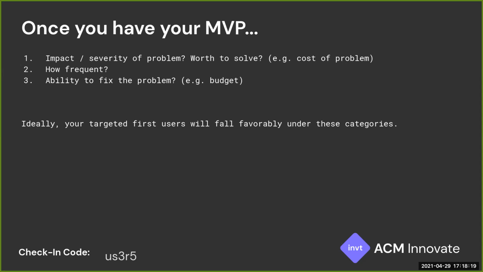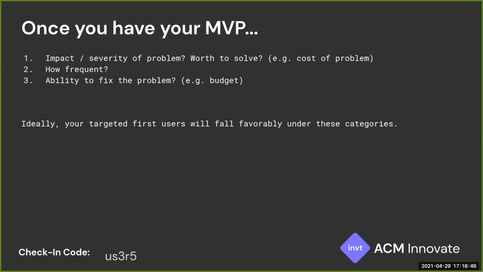For some problems, spending more money might be an option, and that might be available to some people, for example, people in managerial positions for a certain product. But in other cases, there are some people who, even if this product would solve their problem, can't do anything themselves about it. So those aren't going to be your first users.